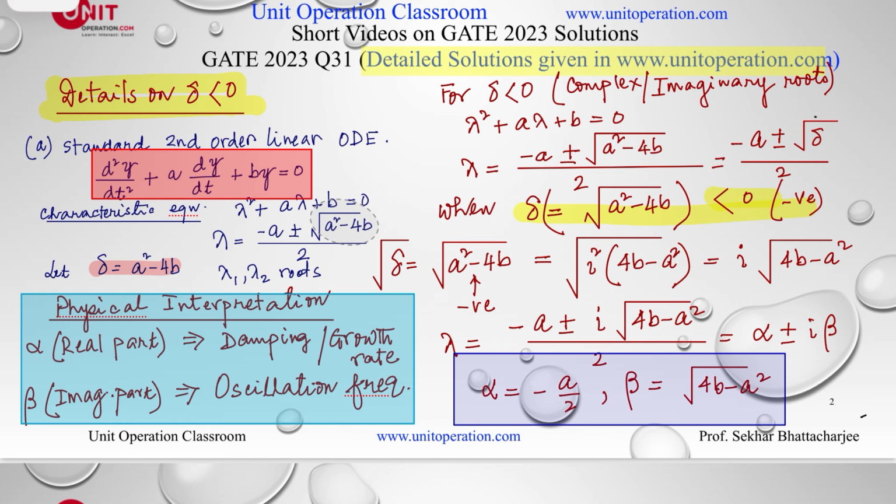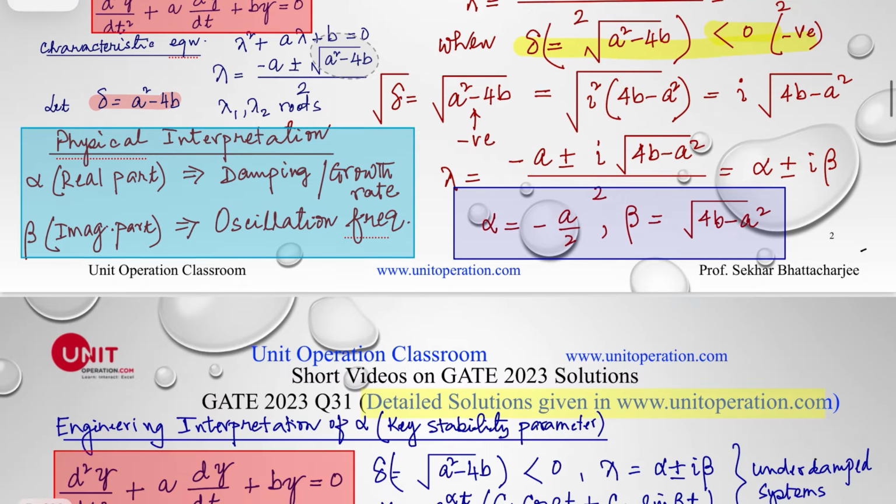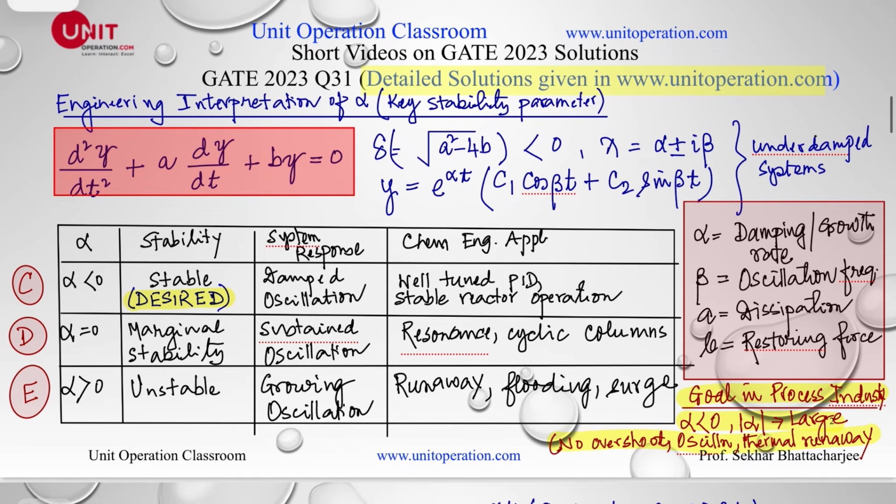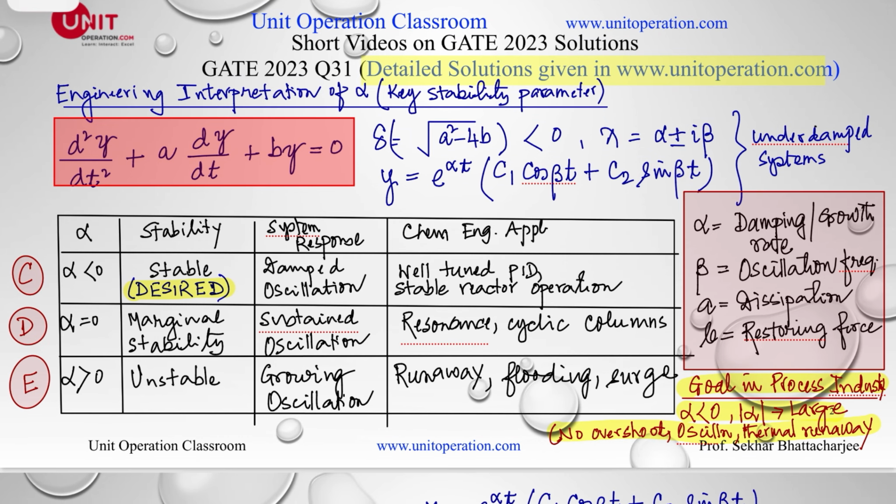This alpha, the real part here, is responsible for damping of the growth rate. That's what alpha dictates. And beta, the imaginary part, dictates the oscillation frequency. We'll look into the curves to have a better understanding of how that becomes important for our chemical engineering systems.